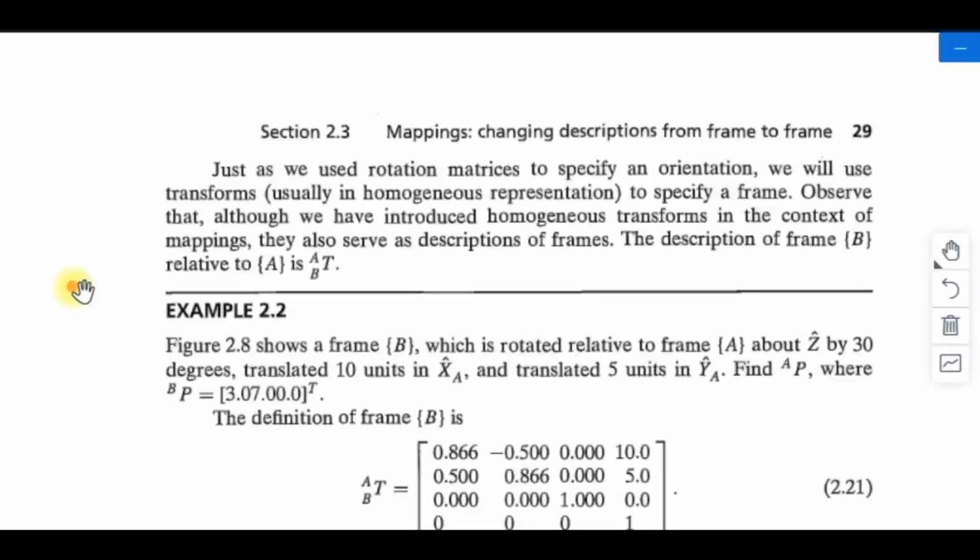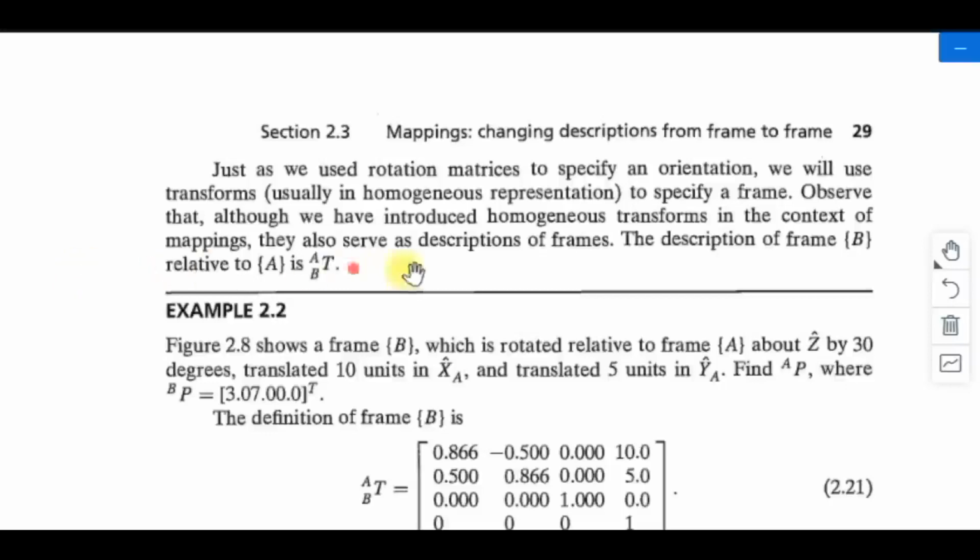Now we go through an example. You can easily implement this matrix transformation through MATLAB. In MATLAB, there is a robotics toolbox, and under this robotics toolbox, you can implement this.